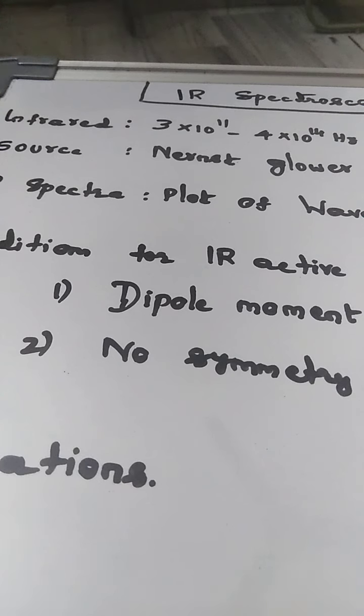The stretching vibrations can be further subdivided into asymmetric stretch and symmetric stretch. And the bending vibrations can be further subdivided into two categories, namely in-plane bending and out-of-plane bending. In-plane bending can be further subdivided as scissoring and rocking, and out-of-plane bending can be divided into wagging and twisting.